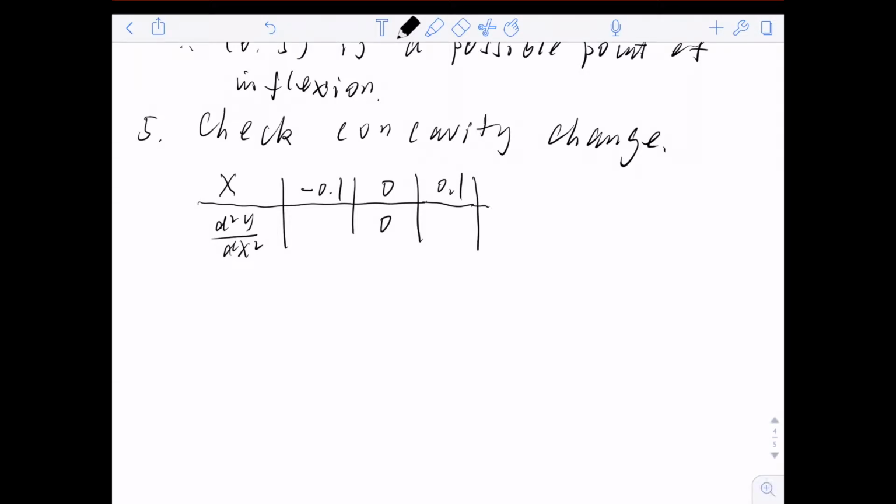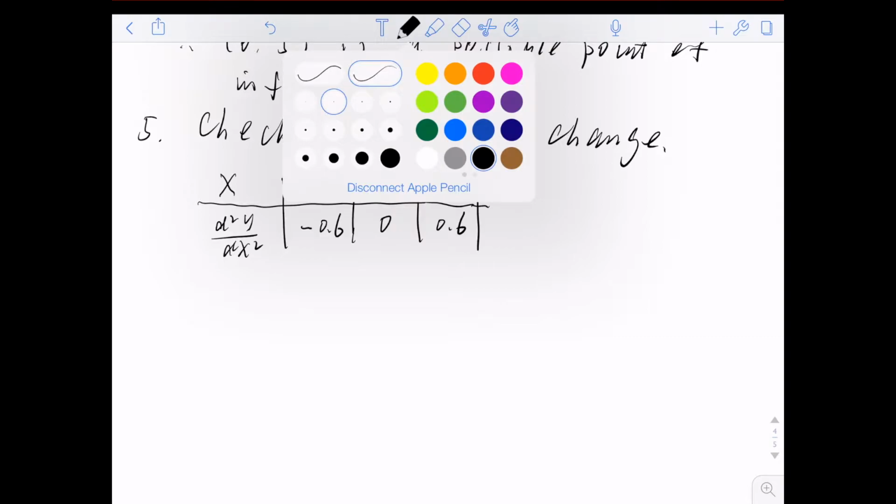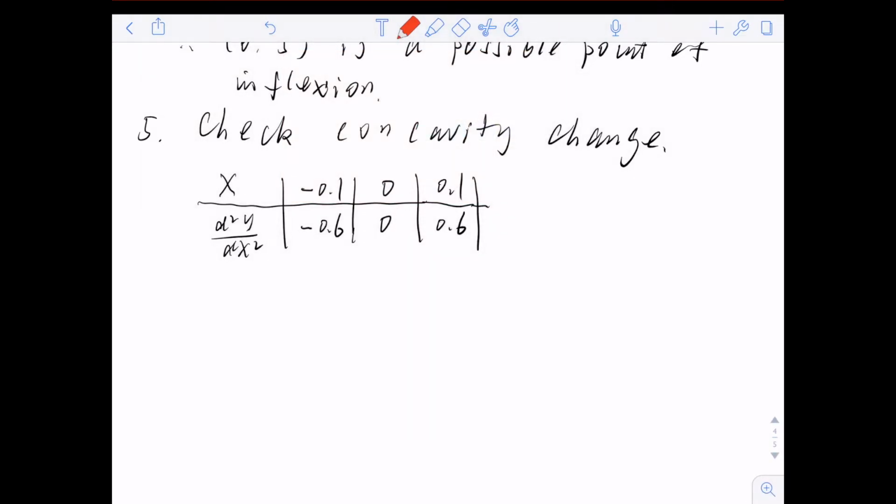And now let's find your second derivative. I sub the value into the second derivative, which gives me negative 0.6 in here and positive 0.6 in there. So what does that mean? It means at this point here, this is concave down, and in here, this is concave up.